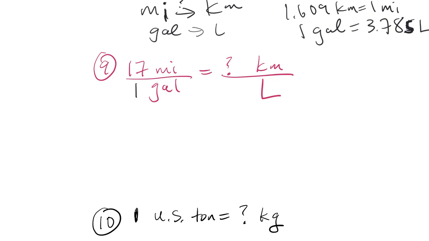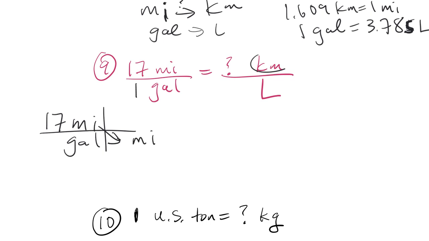Okay, so let me just set up 17 miles per gallon. Let's change the miles first. 1 mile to what? To kilometers. I can do that using this conversion right here that I found. 1.609 kilometers is 1 mile.